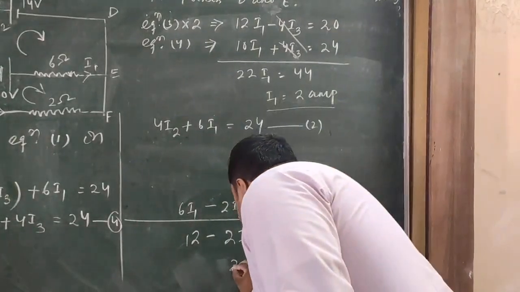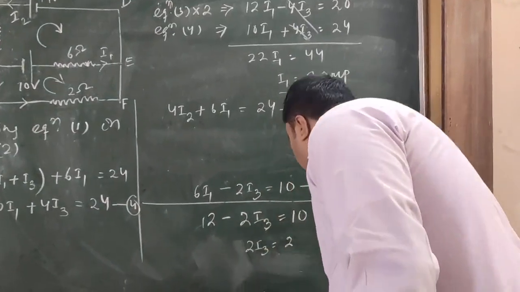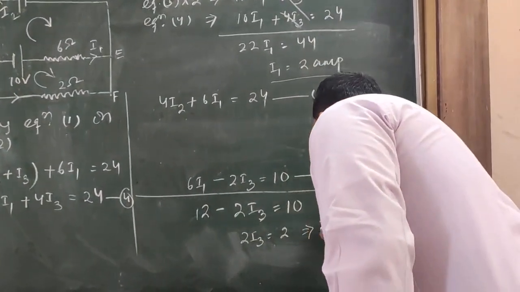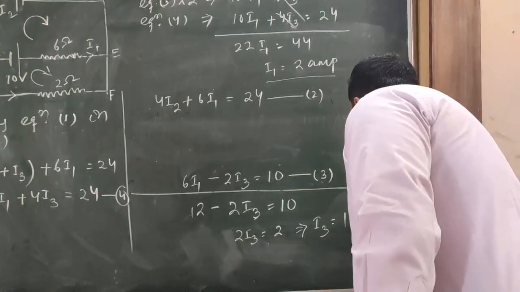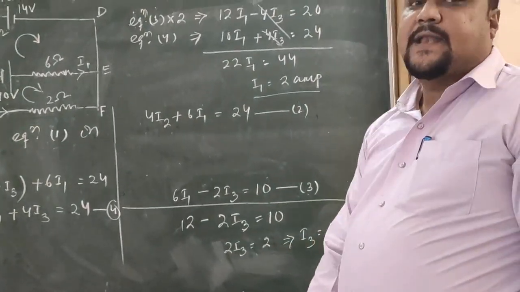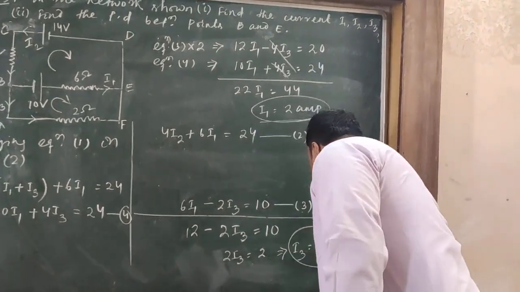So 2 I3 is equal to 12 minus 10, 2. This implies I3 is equal to 1 ampere. So I got I1 2 ampere, I3 1 ampere.